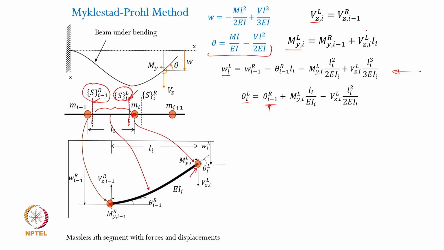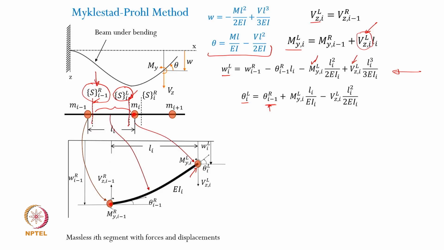So that is why this state variable and this state variable, they are corresponding to the left side of the ith mass. So I need to modify and replace these ones appropriately, so that on the left side I will have all the state variables on the left side of ith mass, and on the right side I will have all the state variables pertaining to the right side of the I minus 1th mass, okay.